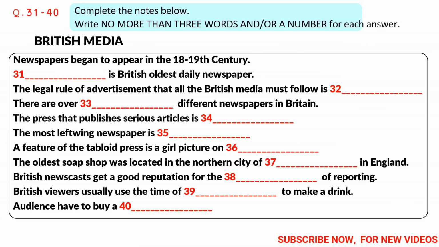BBC One specialises in shows with broad appeal, such as sport, entertainment, drama, kids shows and current affairs. BBC Two caters for special interest audiences, and so broadcasts documentaries and shows aimed at particular social groups, such as the elderly, handicapped, homosexuals, and so on. The BBC is funded by licence fees, and viewers must buy a licence each year for their TV set.